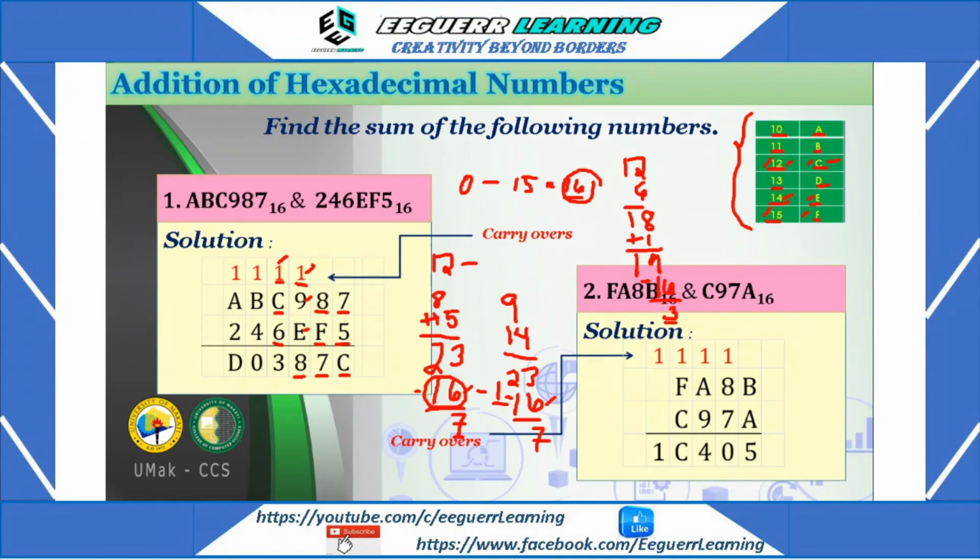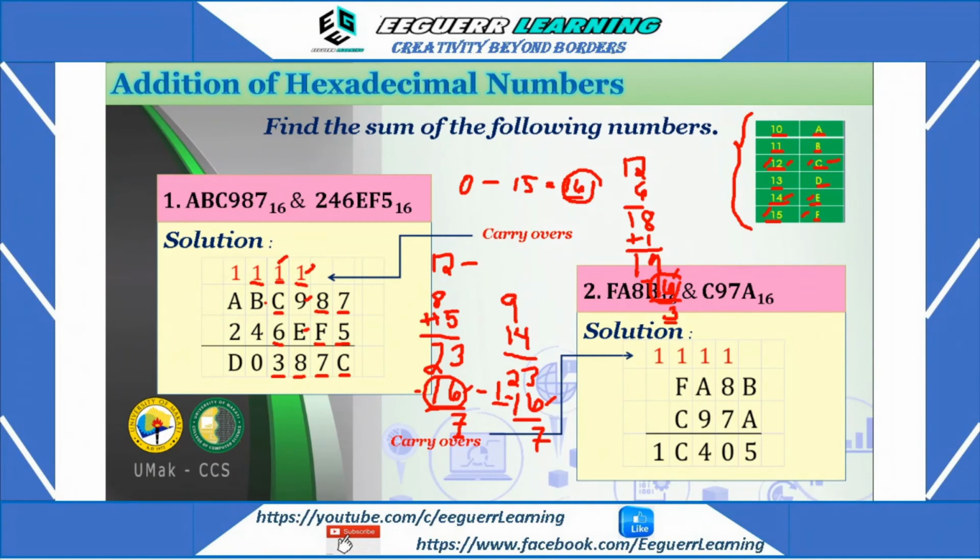We place 3 as our answer here, and we carry 1 because we have one whole cycle of 16 here. So that is represented as 1 whole carry.